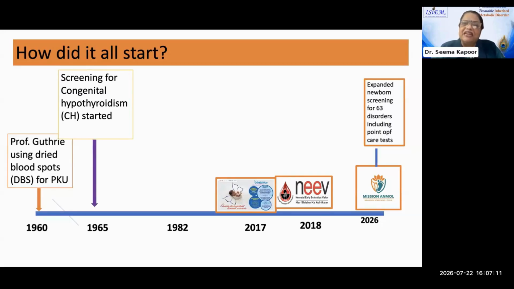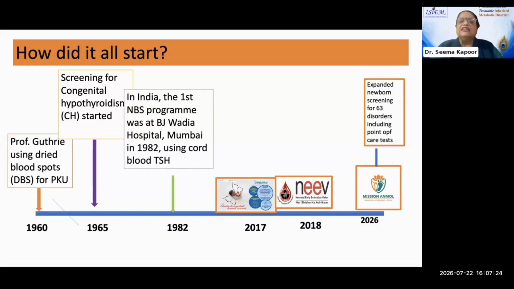So the template screening became PKU, but the basic screening across all countries which were developed started with congenital hypothyroidism in the year 1965. This was closely followed, with less than 20 years' difference, by the first program in India, done by Dr. Meena Desai at B.J. Wadia Hospital, Mumbai, where she used cord blood TSH for newborn screening.